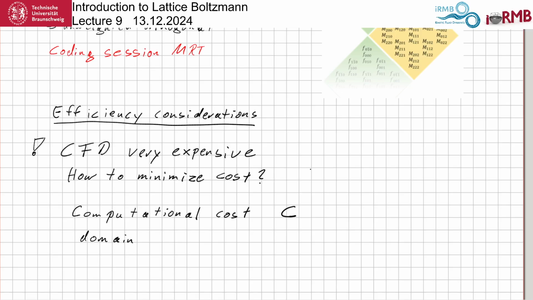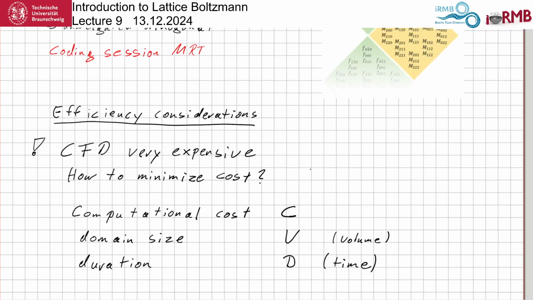Of course, if you ask for more, you have to pay more. So this here is a volume, typically in 3 dimensions. And then you have a duration of the simulation. This means we are talking about transient simulations in Lattice Boltzmann. D is the question for how much time are you simulating. And with this, I mean the time in the simulation, not the time that it takes to simulate.